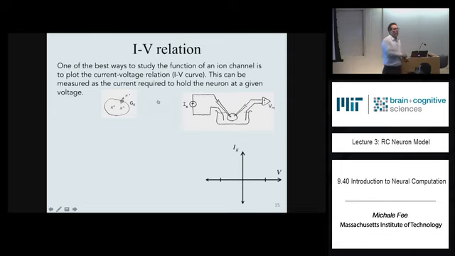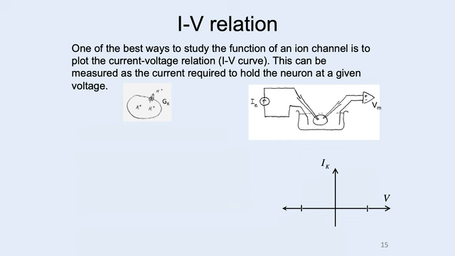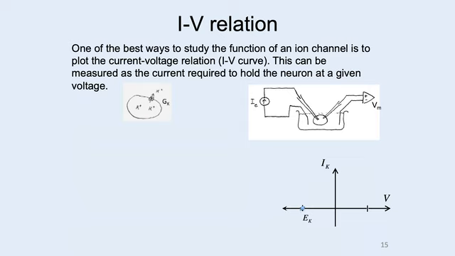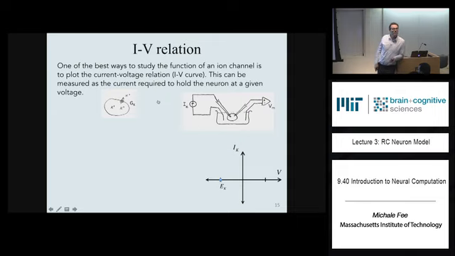And we will assume the channel is open. Yeah. So your answer is that if you inject 0 current, the voltage is going to be the Nernst potential for potassium, and that is correct. But what is the actual number? Good. It's going to be around negative 75 millivolts. Okay. So if we inject 0 current, we know the voltage of our neuron is going to be around EK, or minus 75 millivolts. Okay?